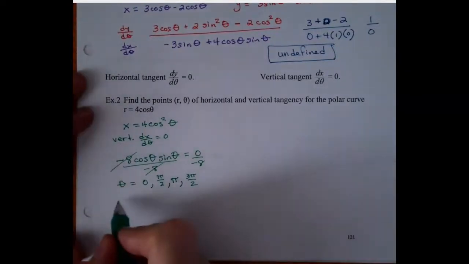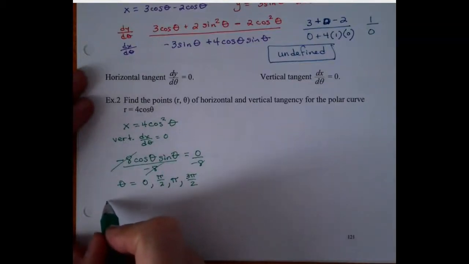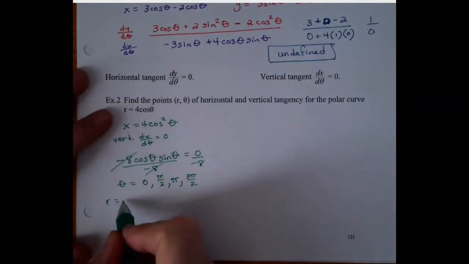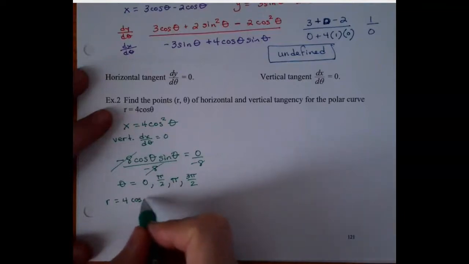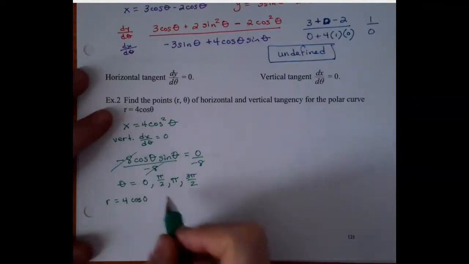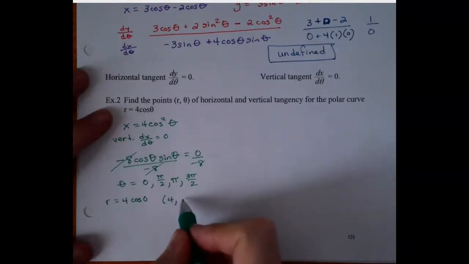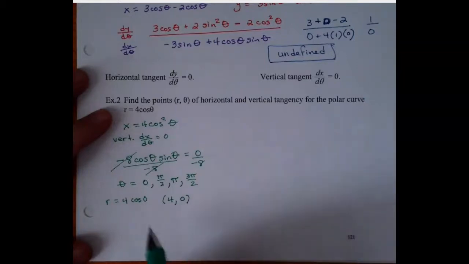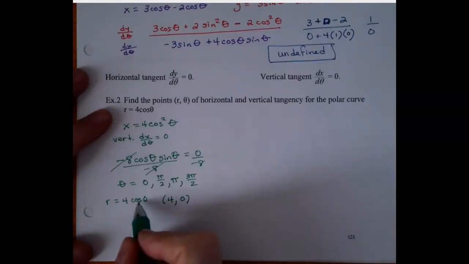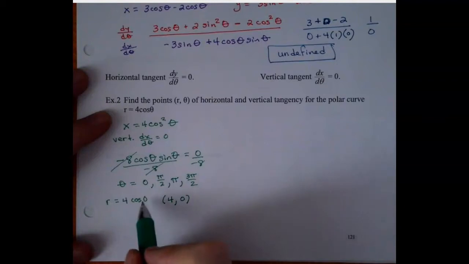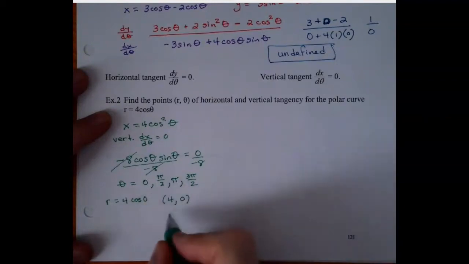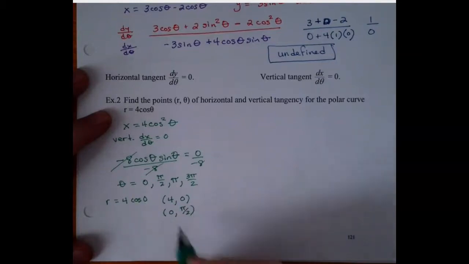And then if we go back and put those into the formula up here, we'll have 4 times the cosine of 0. Cosine of 0 is 1, so that's 4. So that is, remember, r comes first, so that's 4, 0. And then if we plug in pi over 2, cosine of pi over 2 is 0, so r will be 0 when we're at pi over 2.